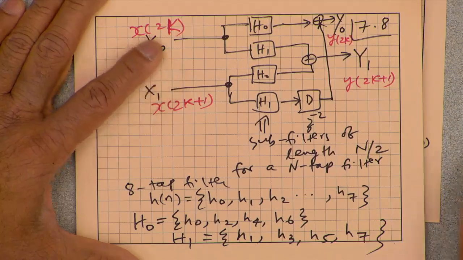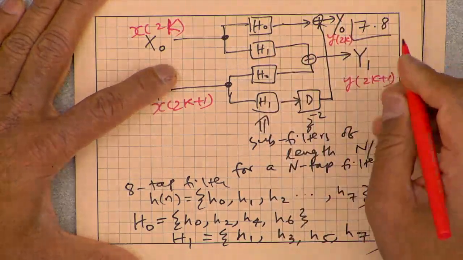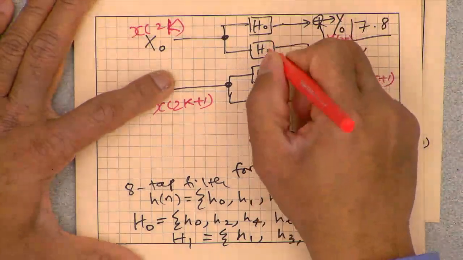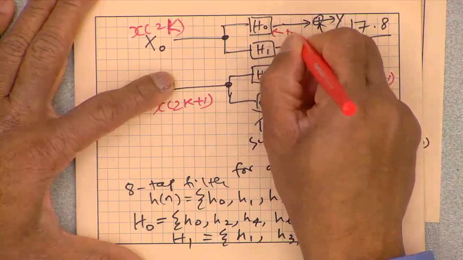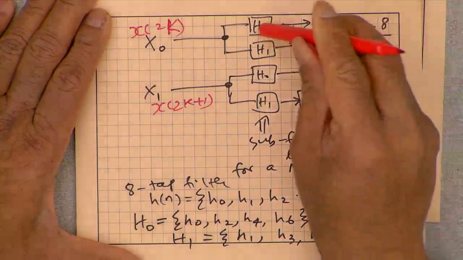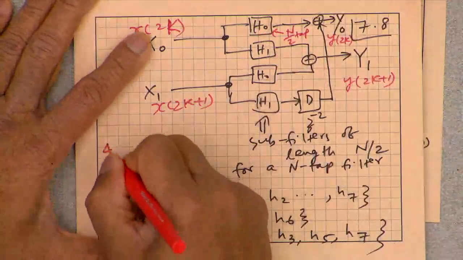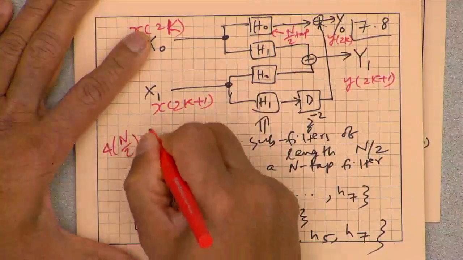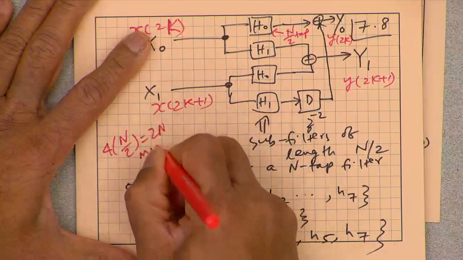Okay, so what have we accomplished so far? Each one of these is n by 2 taps. Now 4 of these, 4 times n by 2, is going to be 2n multiplications.